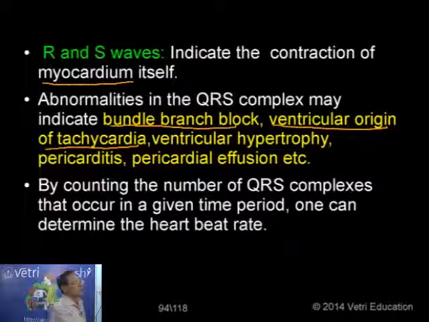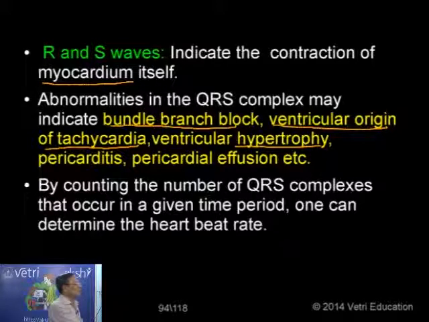Then ventricular hypertrophy, the overactivity of the heart. The heart is working without proper blood supply and oxygen being given to it, and then it is being exhausted. Overwork, hypertrophy.